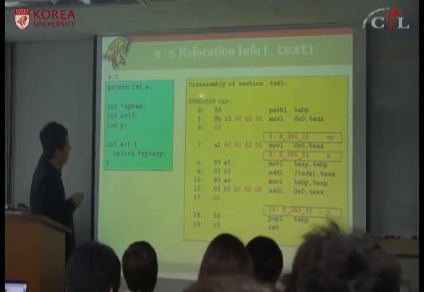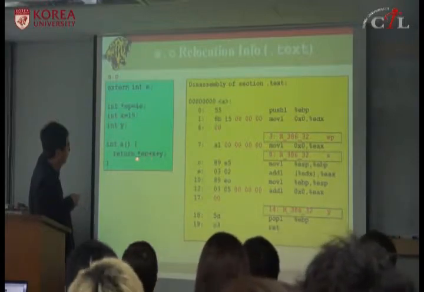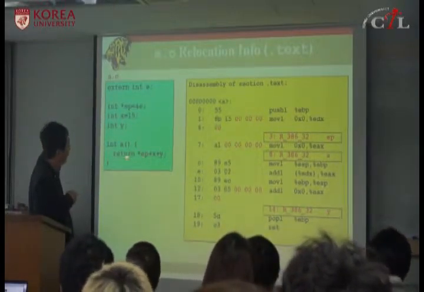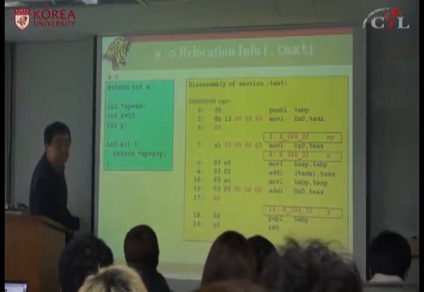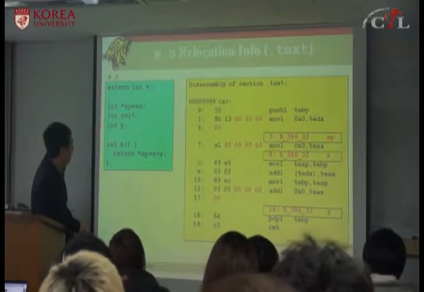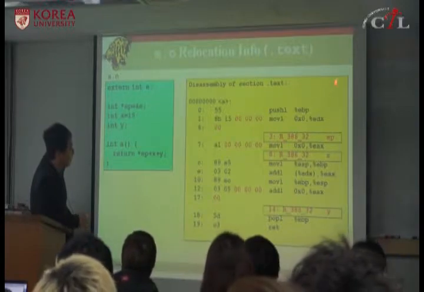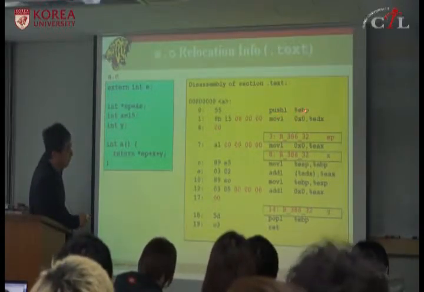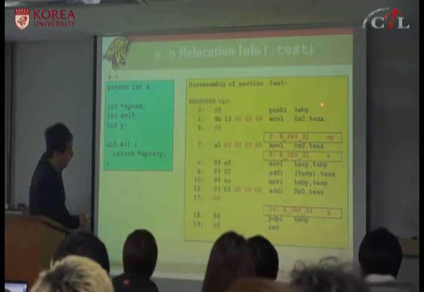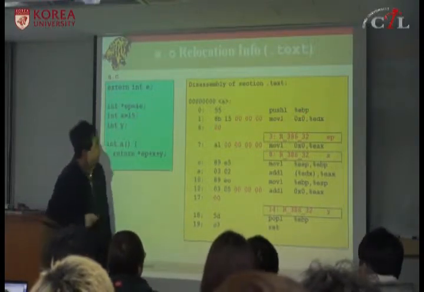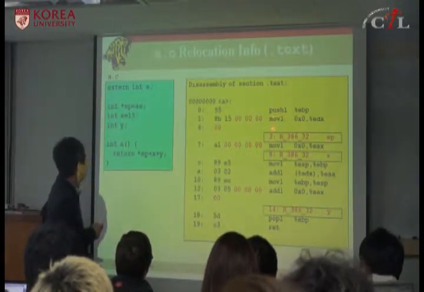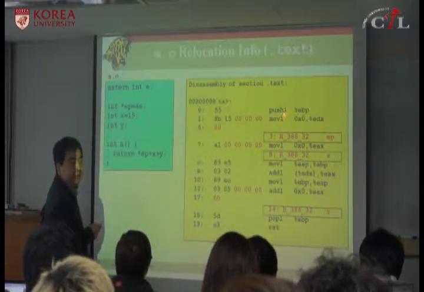So this code corresponds to this function, this procedure, a function definition. Okay. So it's also pushing the stack pointer and frame pointer to the stack frame, and then this move L is like a load instruction.